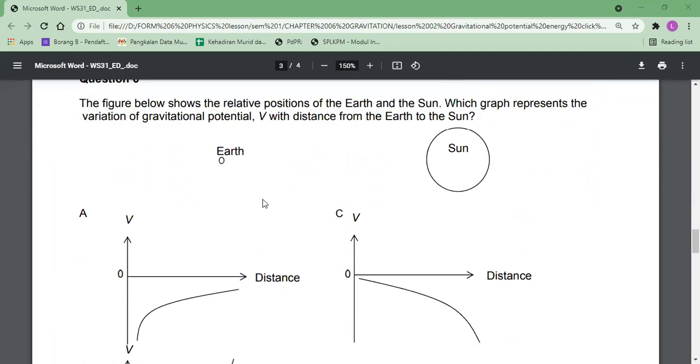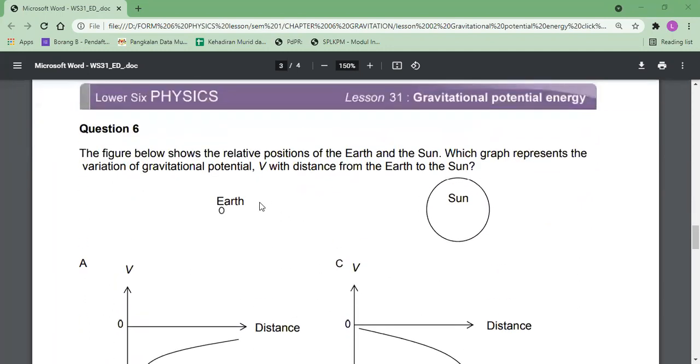Question number 6. The figure below shows the relative position of the Earth and the Sun. Which graph represents the variation of the gravitational potential V with the distance from the Earth to the Sun?